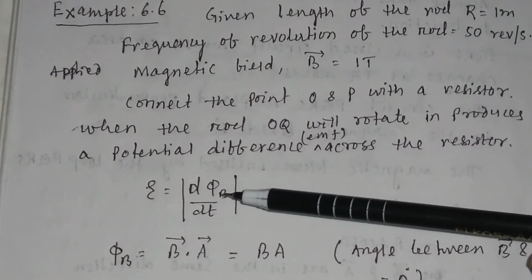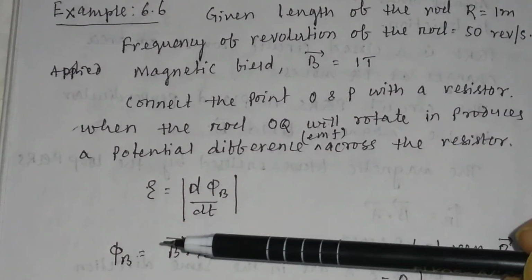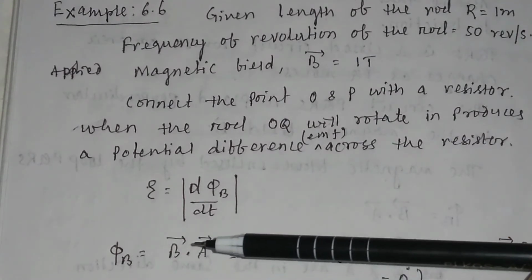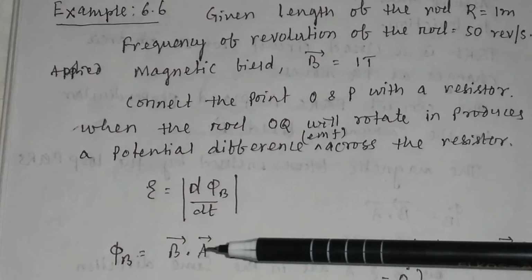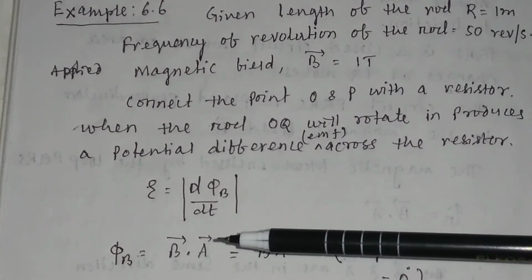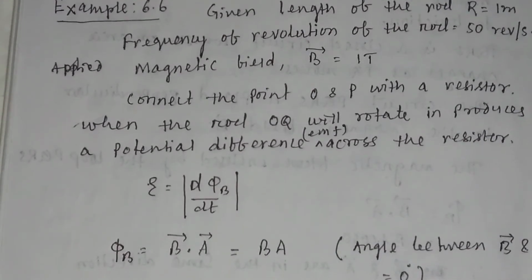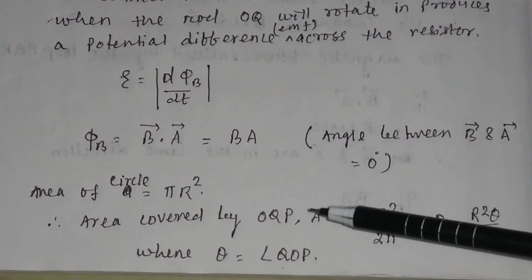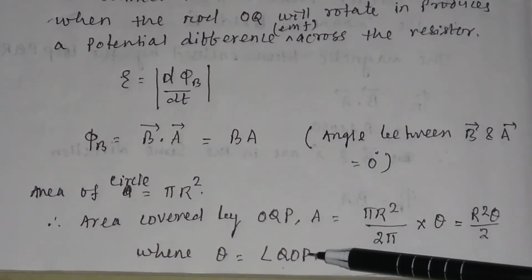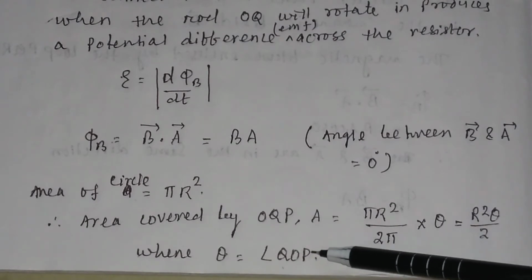to d phi B by dt, and we take the magnitude, and the flux produced is equal to the dot product of magnetic field and area, and that is equal to B into A, because the angle between the area vector and the magnetic field vector is 0 degrees. Now let us calculate the area covered by the angle QOP.